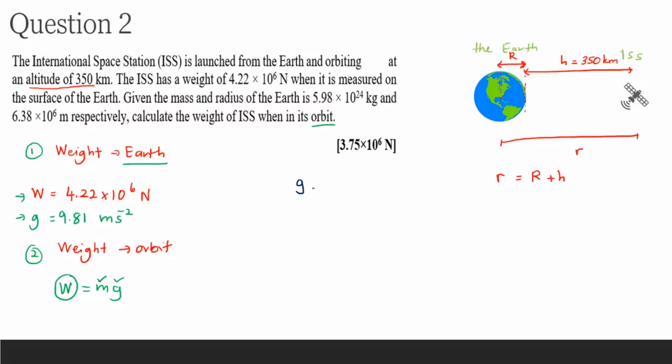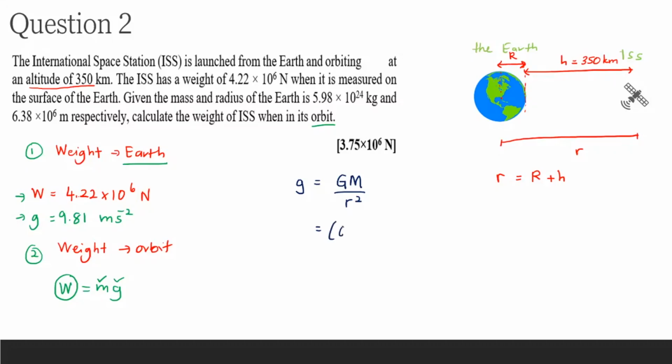Okay, g or a_g is equal to GM over r square. So, disebabkan ISS ni dia dalam range Earth, jadi capital M tu Earth punya mass, bukan mass of ISS ya. Kat sini jangan confuse. Sebab gravity is coming from the center of the Earth.